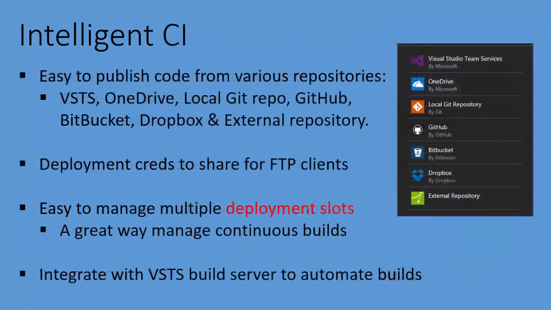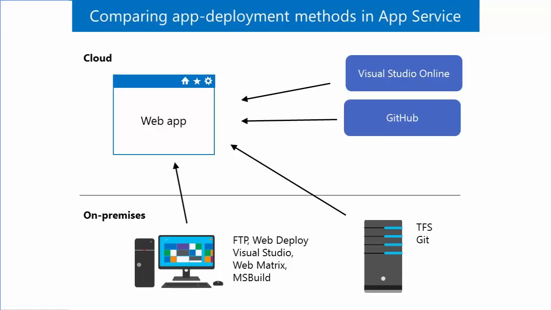We also have a very intelligent continuous integration where the code can be automatically pushed from your code repository, even if it's not a Microsoft code repository. For example, customers using Visual Studio Team Services, OneDrive, a local Git repository, GitHub, Bitbucket, or Dropbox can automatically push code.